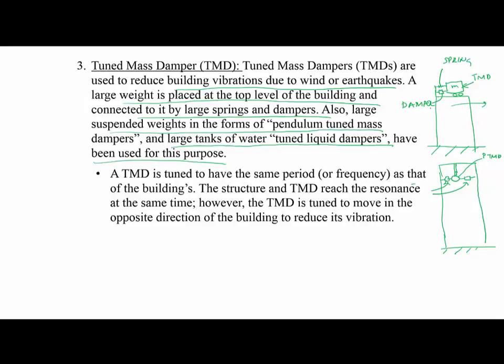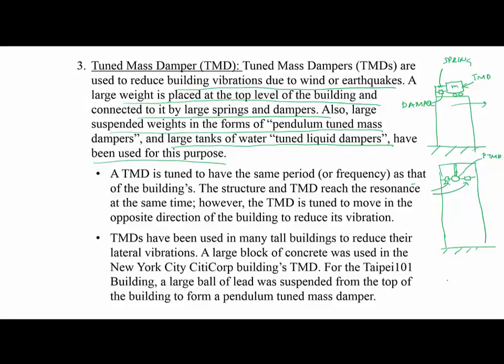The same thing with the pendulum tuned mass damper, and in this way they can reduce the vibration of the building. They have been used in many tall buildings to reduce the lateral vibration.